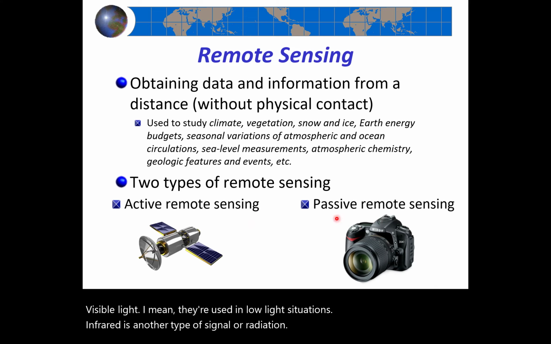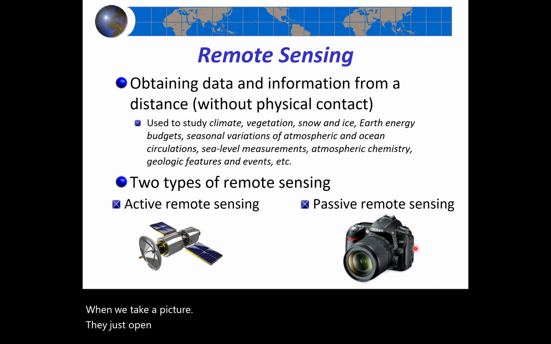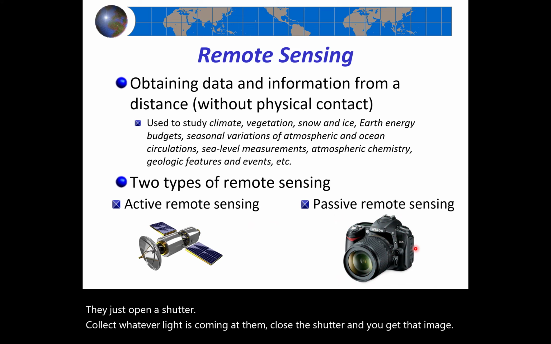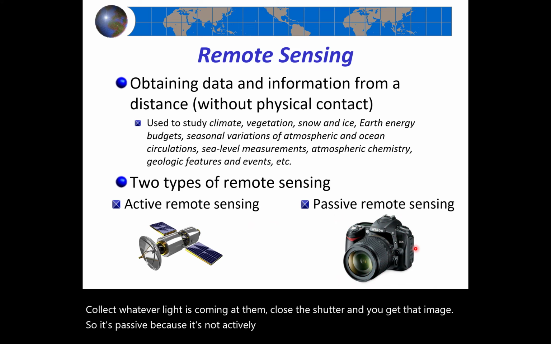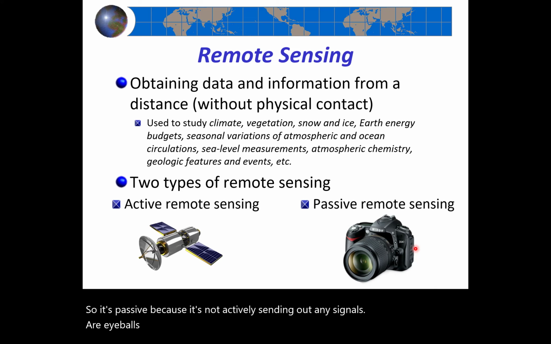Passive remote sensing, on the other hand, an example here is a camera. Our cameras do not send out any signal when we take a picture. They just open a shutter, collect whatever light is coming at them, close the shutter, and you get that image. So it's passive because it's not actively sending out any signals. Our eyeballs are also passive remote sensors.